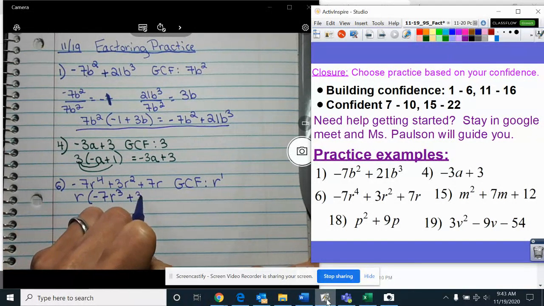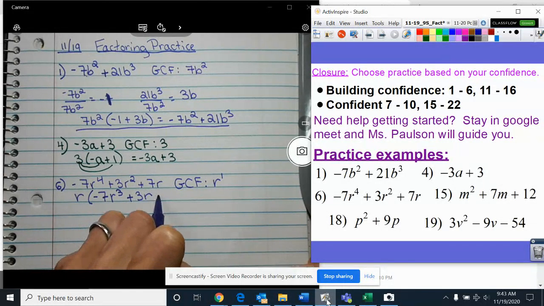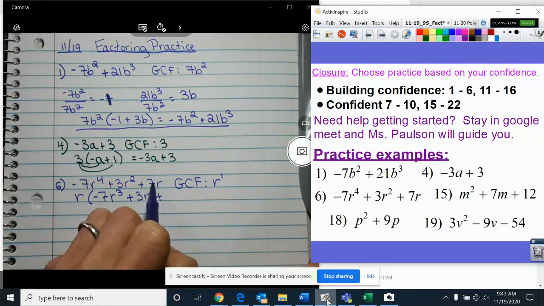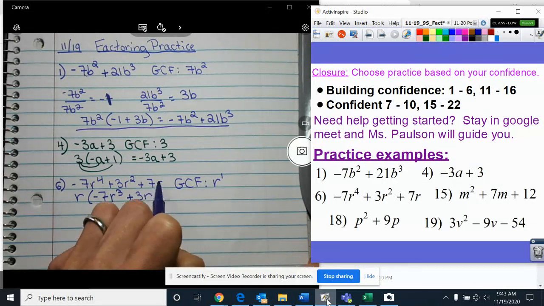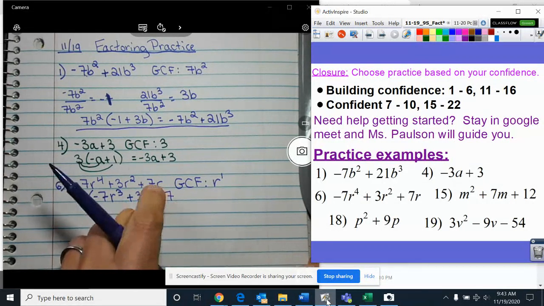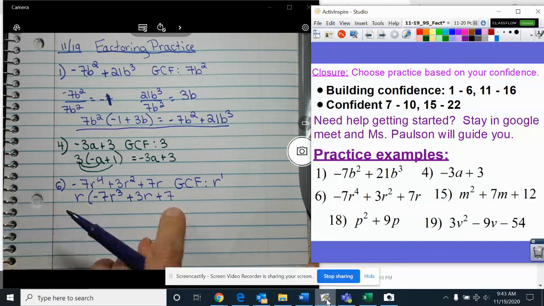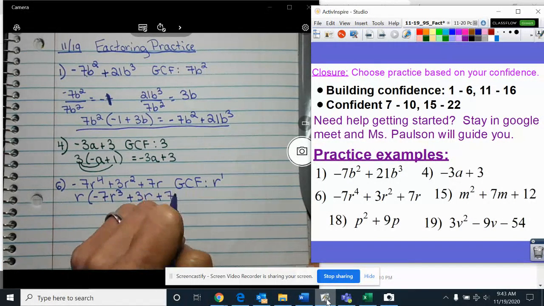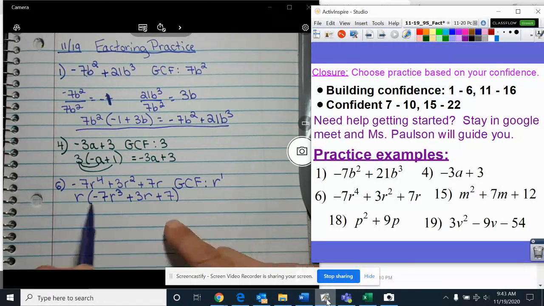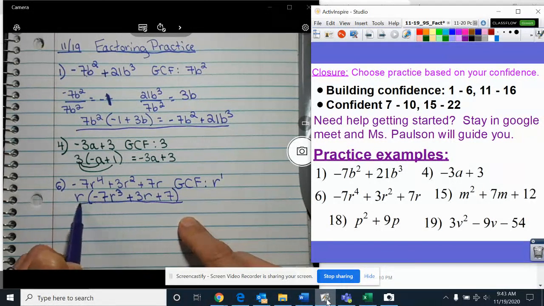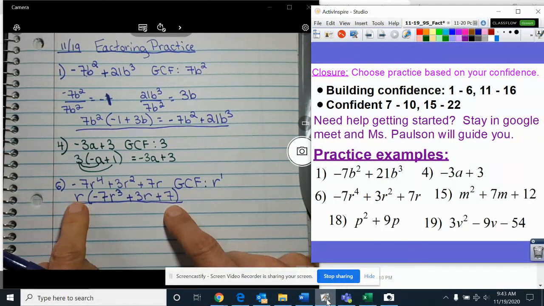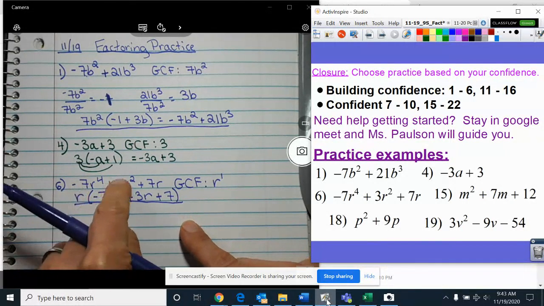We're left with 3r, or r to the 1st, if you like, plus 7, because 7r divided by r, you're left with just 7. And so this is the final answer factored. Feel free to distribute on your own to show that it equals the first expression.